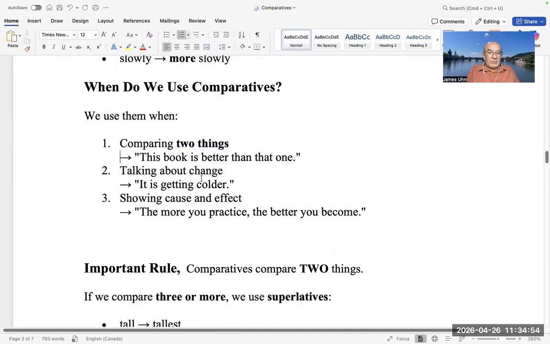Talking about change between two things. Now I should write living or non-living things. Let's leave it that way. It is getting colder.